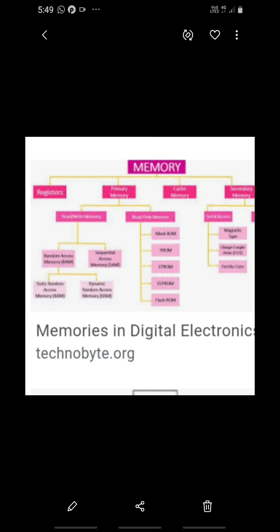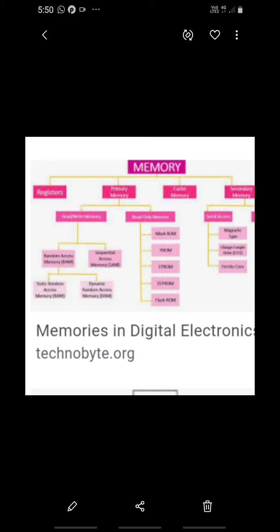Semiconductor memories are well suited as the main memory because of the high speed of operations. Such a high speed of operation is possible by decreasing the propagation delay and increasing the switching speed of the memory elements.